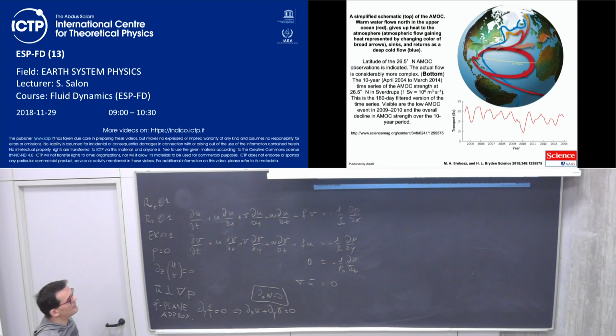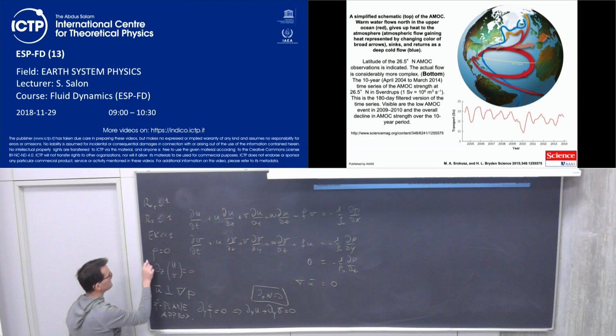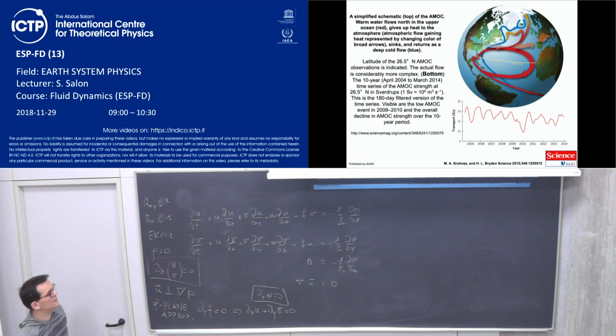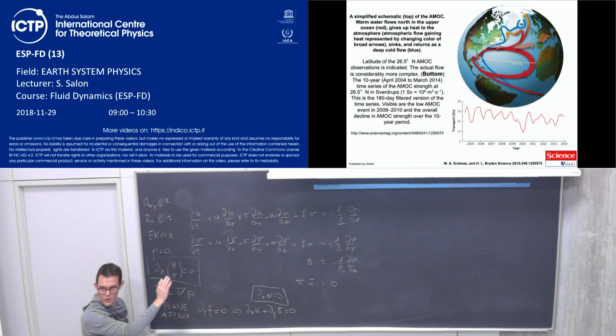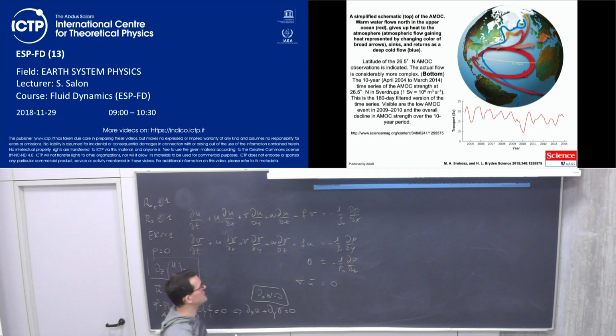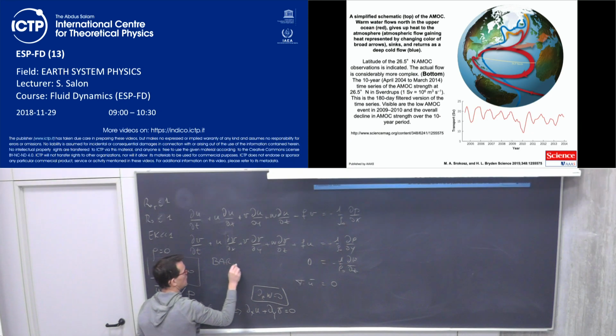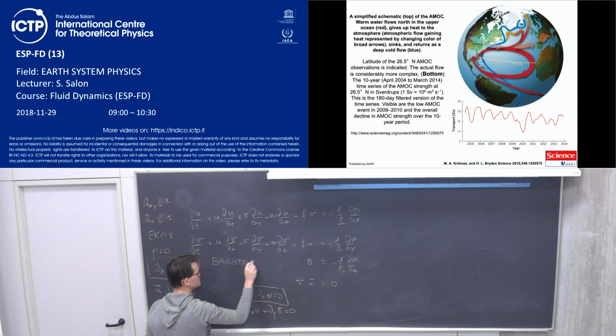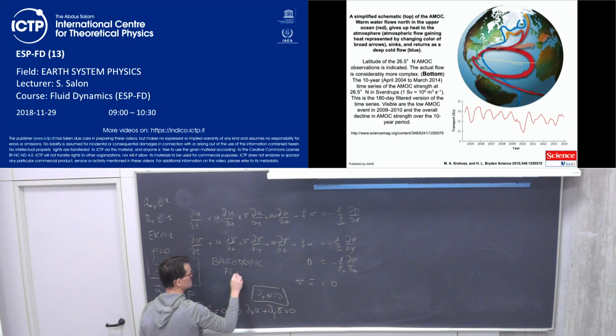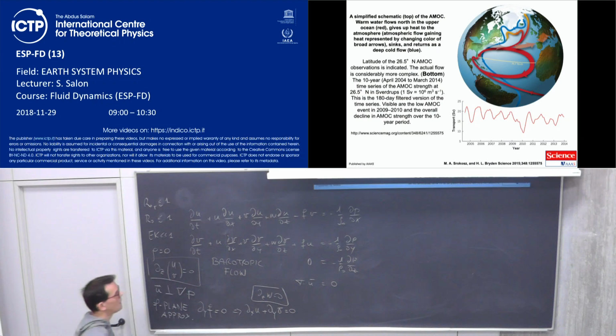But geostrophy, which is basically based on the Taylor-Proudman theorem, still works. I've just moved from a geostrophic flow to something a little bit different, which is called barotropic, which still keeps these characteristics.